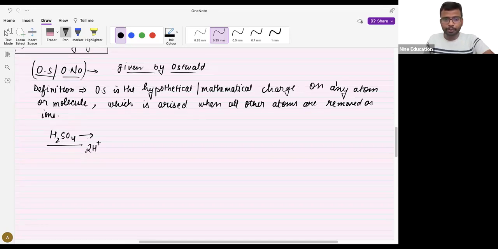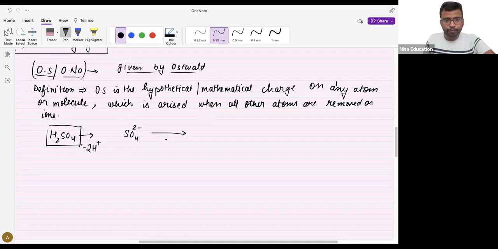Hydrogen I can remove only as H positive. So if I remove 2 H positive, I will get SO4, and the left charge will be 2 minus, because 2 positive gone, 2 minus should be left to balance.